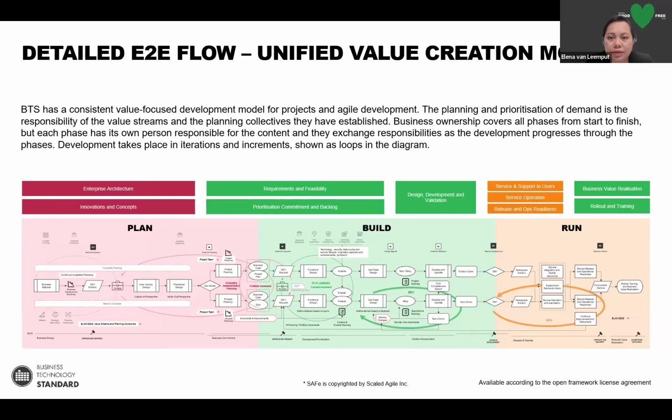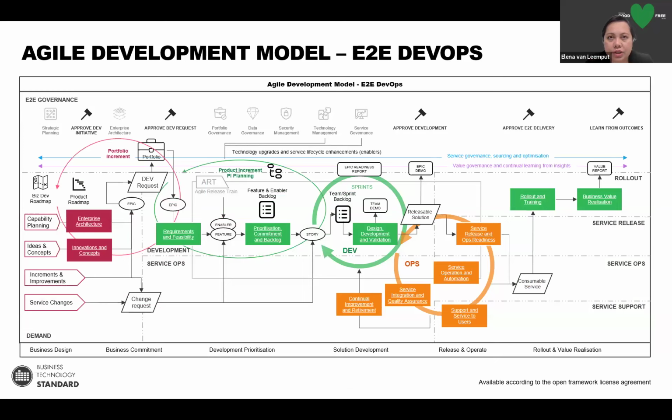That's a very good question, Lotta. If I go back to this picture here, I can show you that in the BTS model, we have introduced something called approval points. There are six different approval points. For example, you authorize the flow, which is the first one, so the value stream will authorize the end-to-end flow. You approve development initiative, approve development request, approve development, and so on and so forth. These approval points are also aligned with the project gates, if you have a project, if necessary.